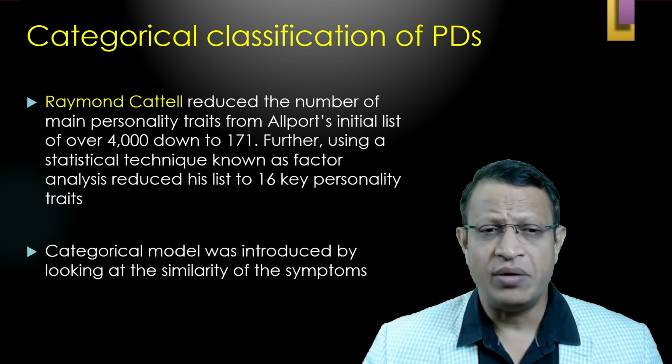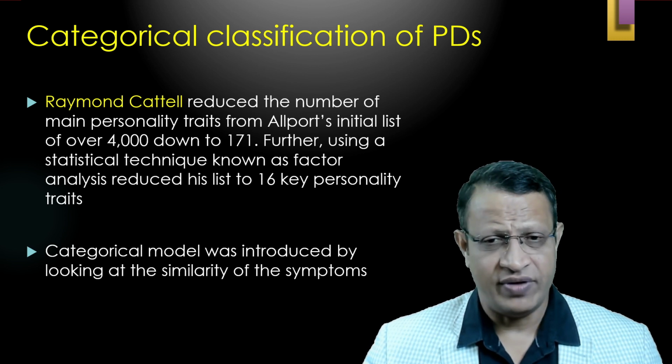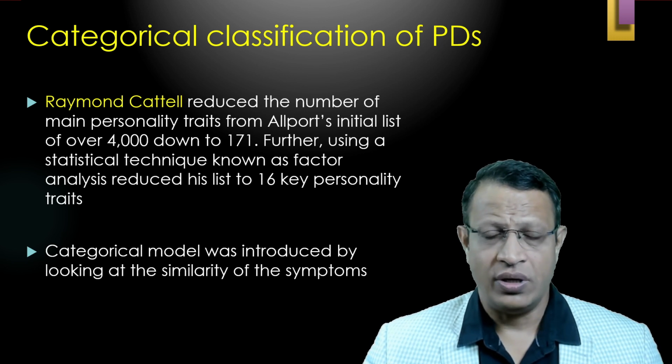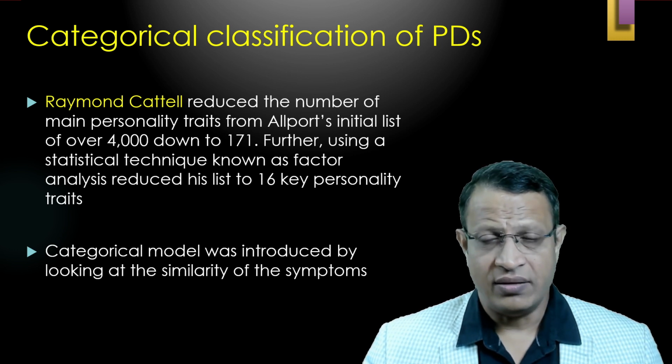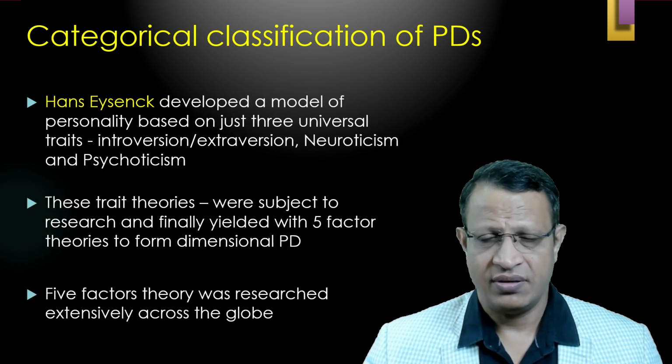Raymond Cattell reduced the number of main personality traits from Gordon Allport's 4,000 to 171. Further, by using a statistical tool, factor analysis, he reduced his list to 16 personality traits. Then the categorical model was introduced, looking at the similarity of the symptoms.